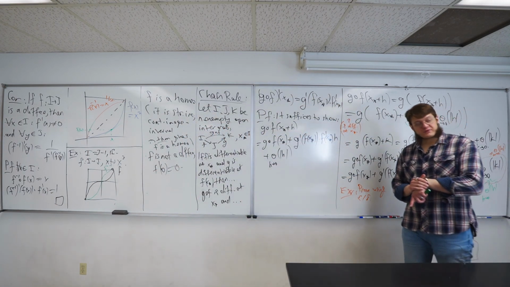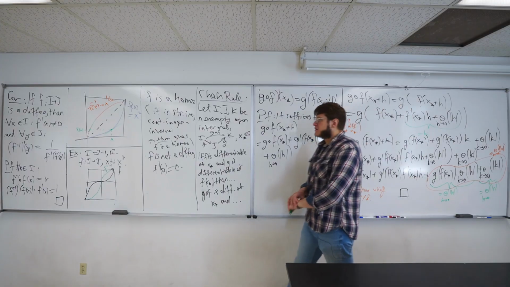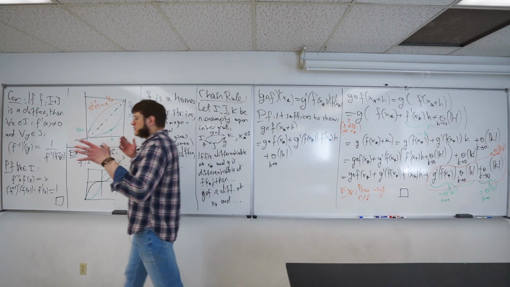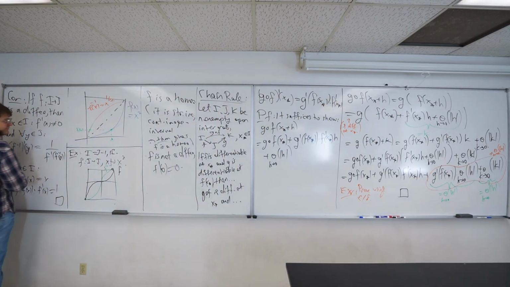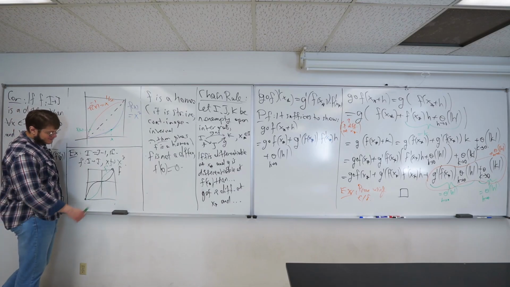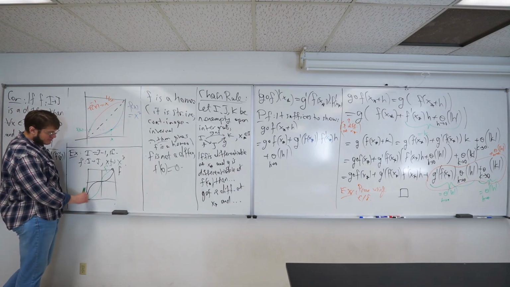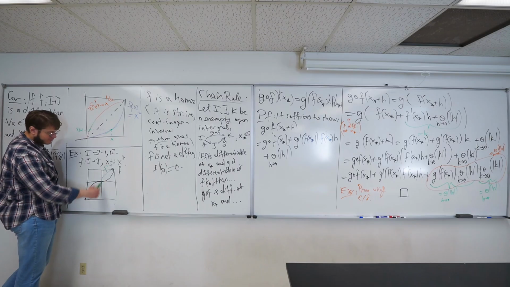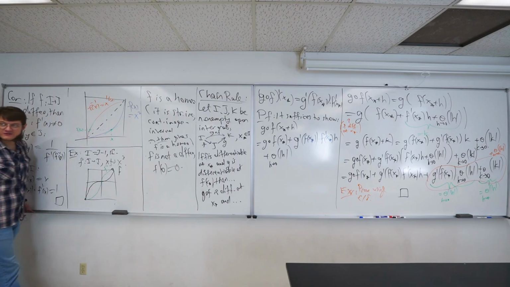Another thing, from Calc 1, we're used to saying things like, f prime being positive is the same thing as strictly increasing. Well, let me put it this way. Both f and f inverse, in this case, are strictly increasing.